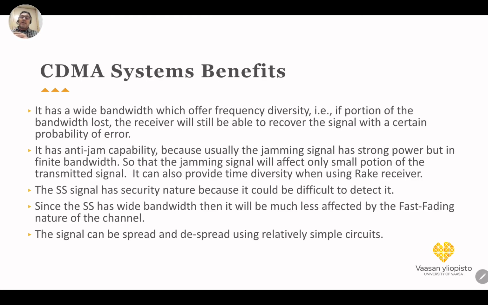The rake receiver can provide time diversity because it can also recover the multipaths. So when you have some delayed path, you can still recover the signal. If the signal to noise ratio for one path was not enough, then by using a rake receiver you can accumulate the signal to noise ratios from all paths.